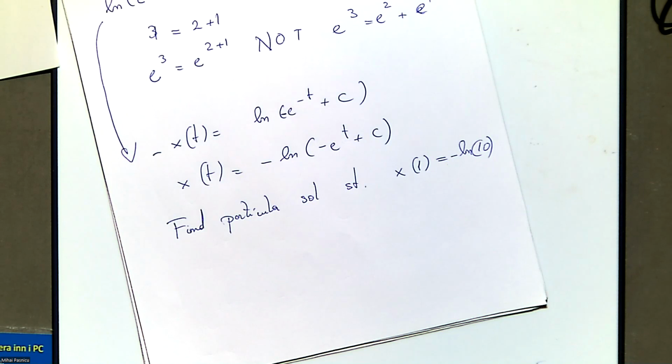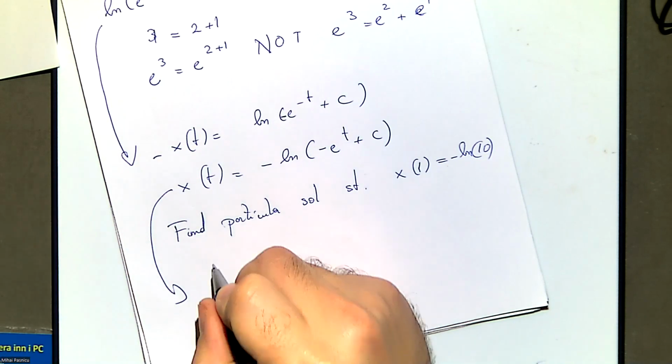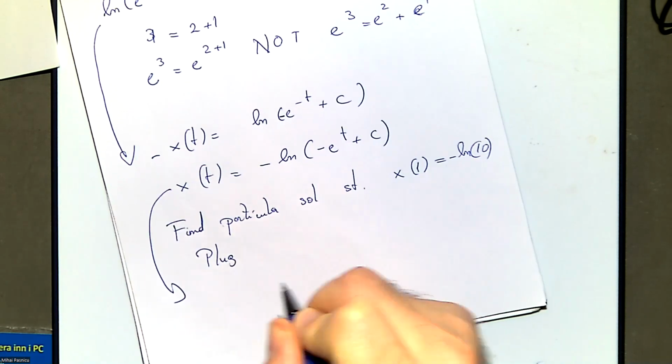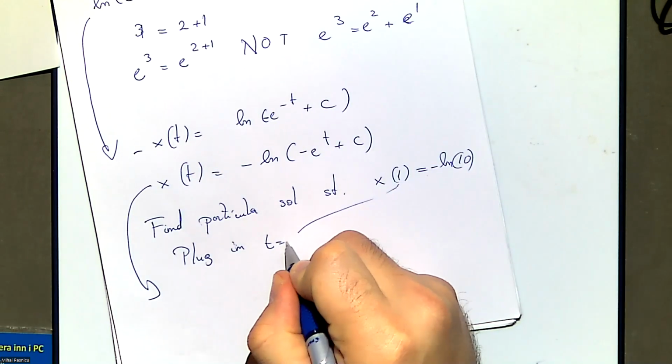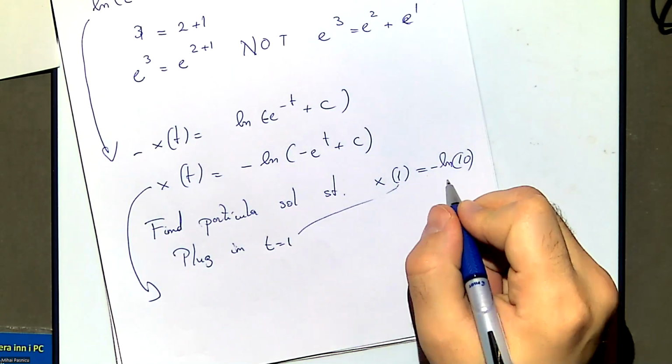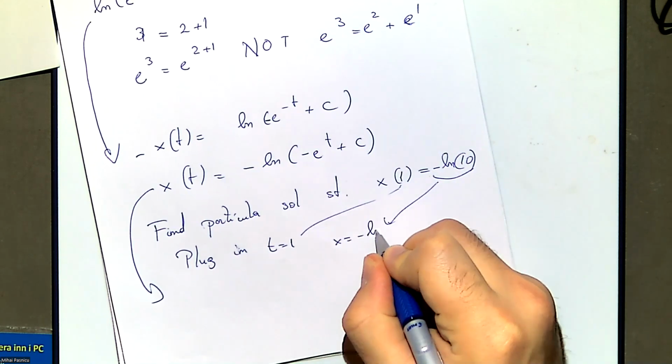If they're giving you such a problem, they're basically asking you to take the general solution and plug in t is equal to 1 and x is equal to minus ln of 10.